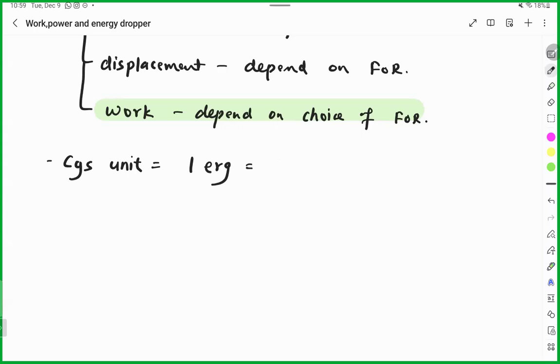And this is equal to 1 dyne, because force in the CGS unit is dyne and displacement will be 1 centimeter. 1 dyne is equal to 10 raised to power 5 Newton, right? And this is also equal to 1 gram centimeter square per second square, right?